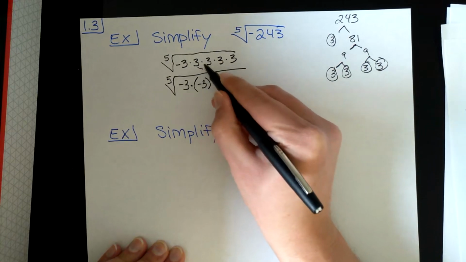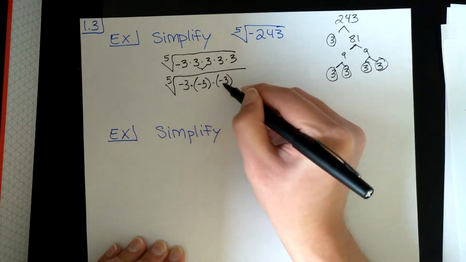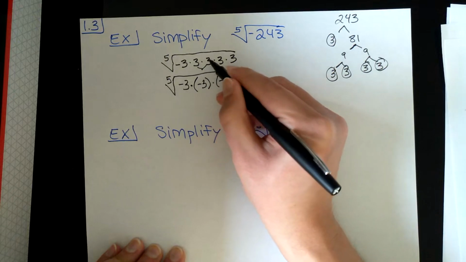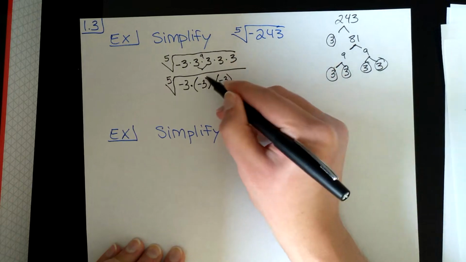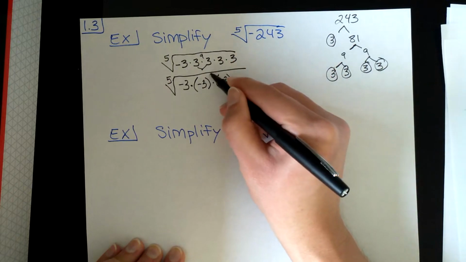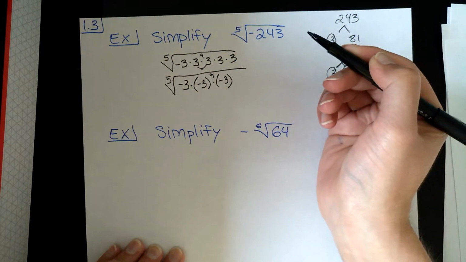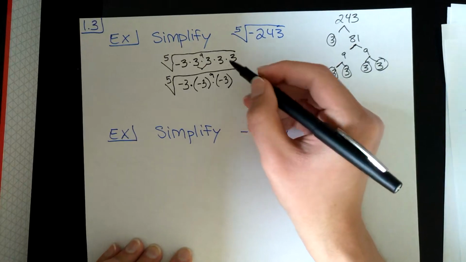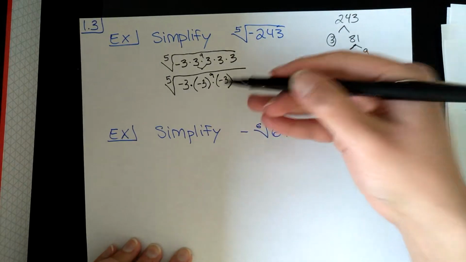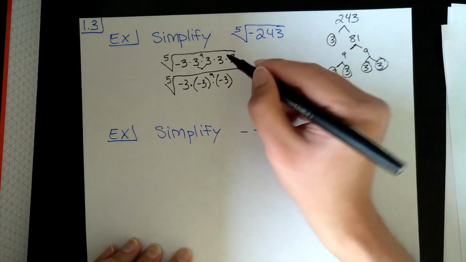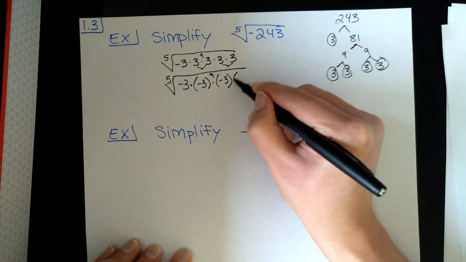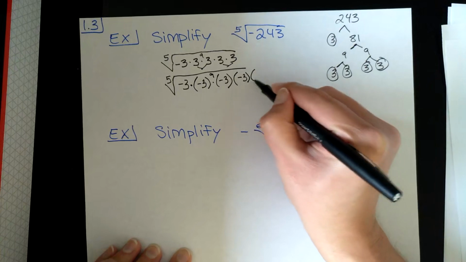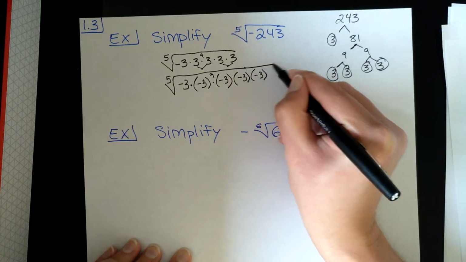So we changed these 2 to both negatives because positive 3 times positive 3 is 9. And negative 3 times negative 3 is positive 9 as well. So it doesn't change the problem as long as we work in pairs. So again, this positive 3 and this positive 3 will become negative 3 and negative 3 as well.